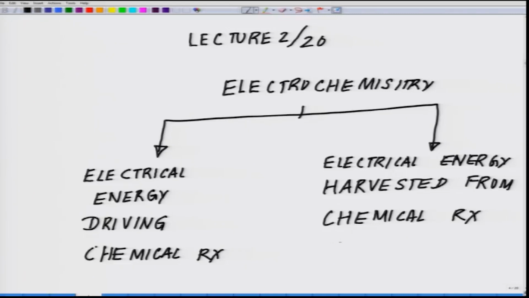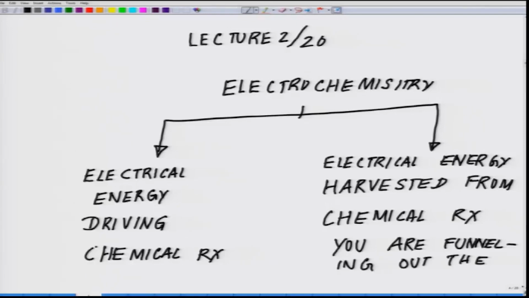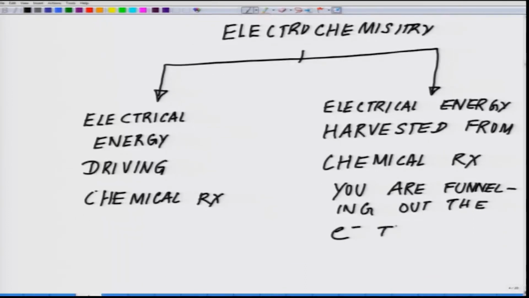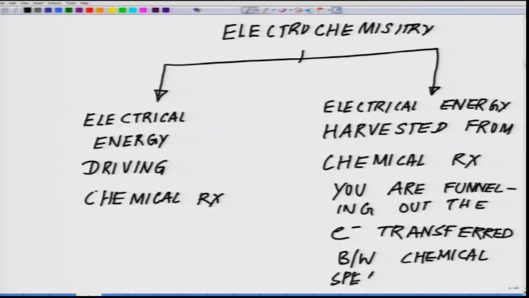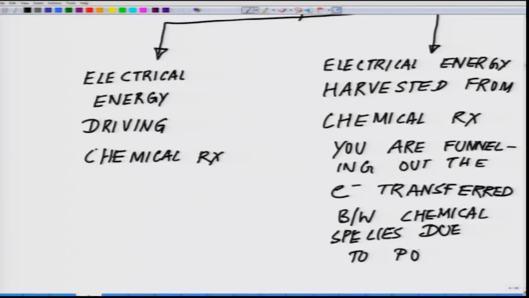In other words, you are funneling out the electron transferred between chemical species due to the potential difference between them.